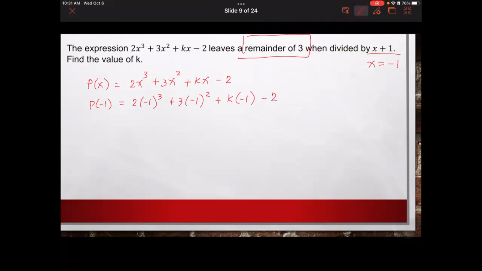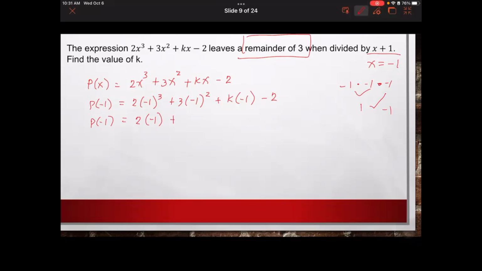Simplify muna natin. This is 2. Yung negative 1 to the 3 is negative 1 pa din, kasi you will have negative 1 times negative 1 times negative 1. Negative 1 times negative 1 is positive 1, times negative 1, still negative 1.